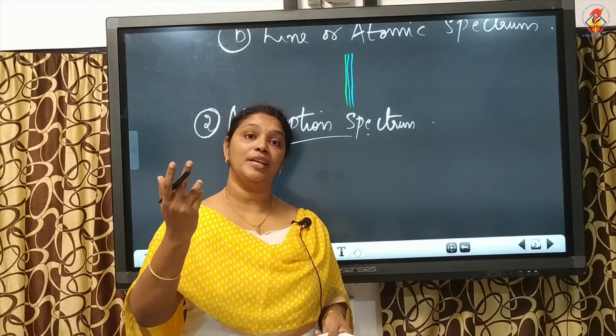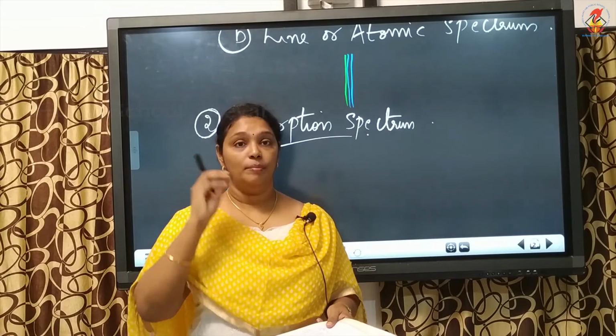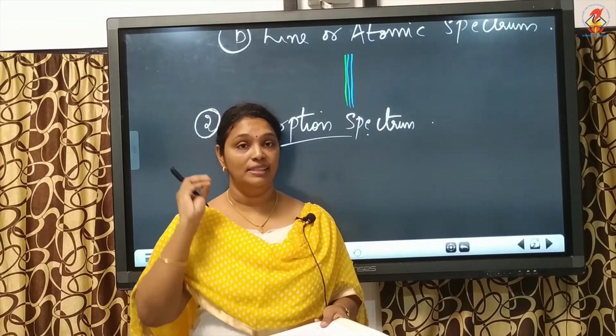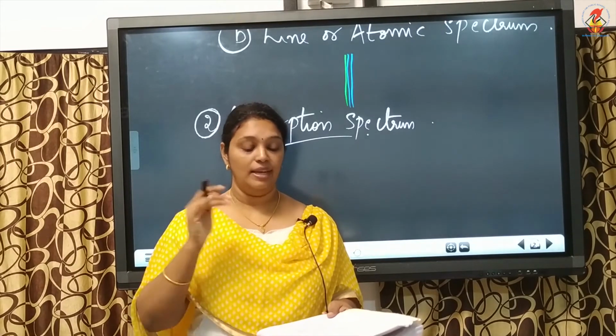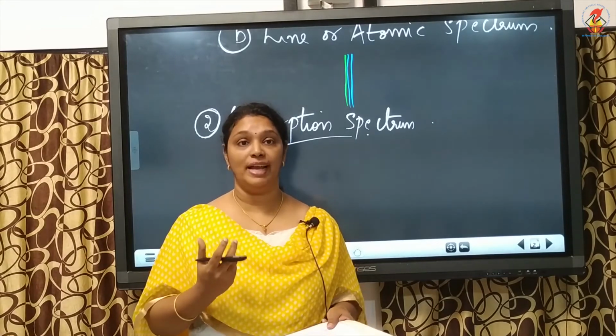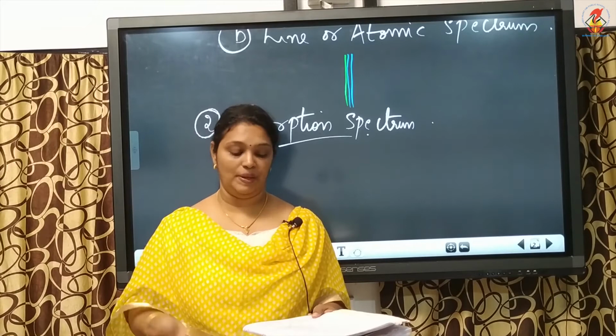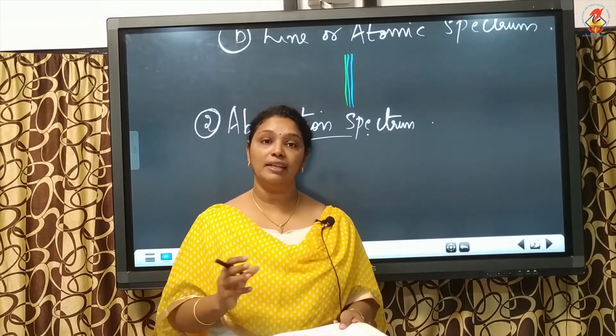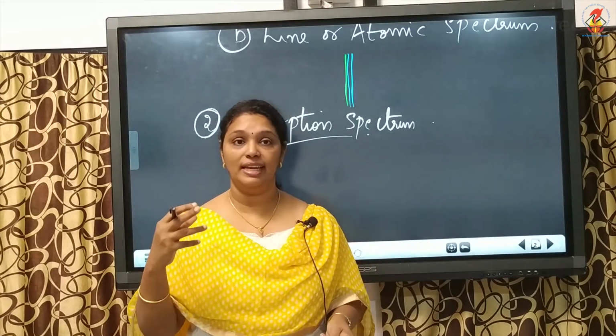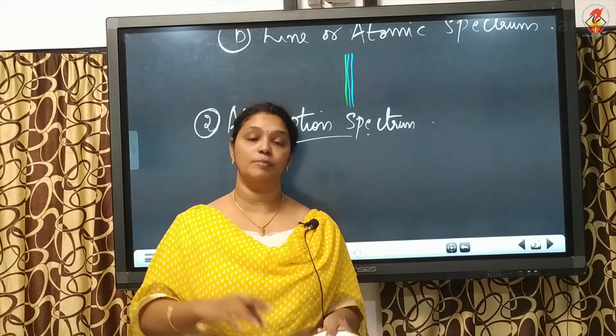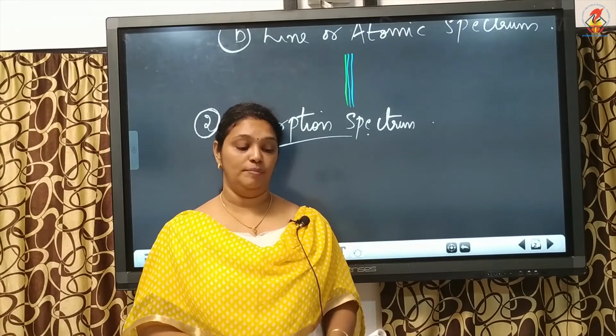Okay, whereas line spectrum was observed as bright lines separated by dark spaces, and absorption spectrum is observed as dark lines separated by bright spaces. And what do the dark lines indicate? It indicates that radiations of corresponding wavelength are absorbed.